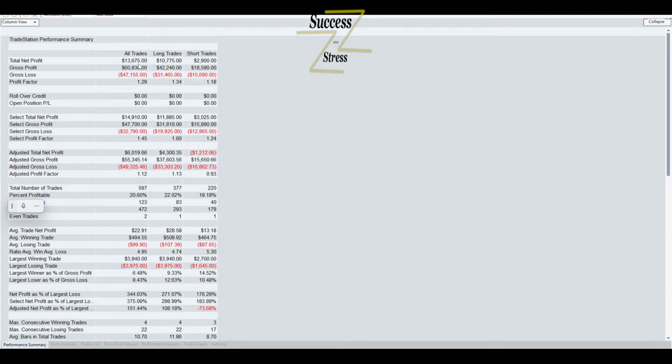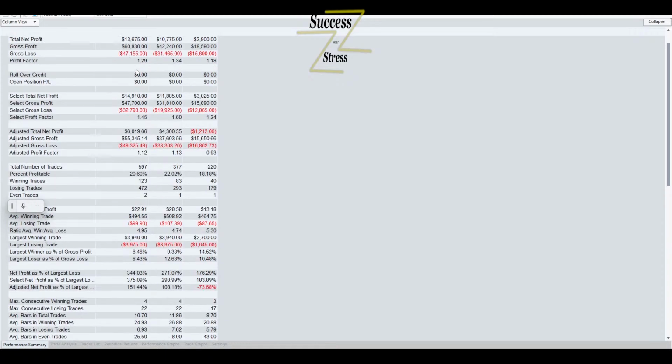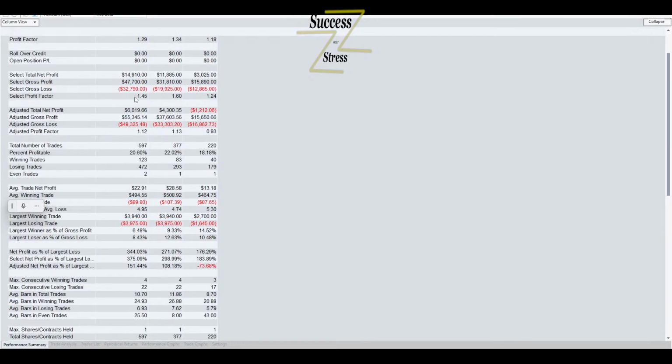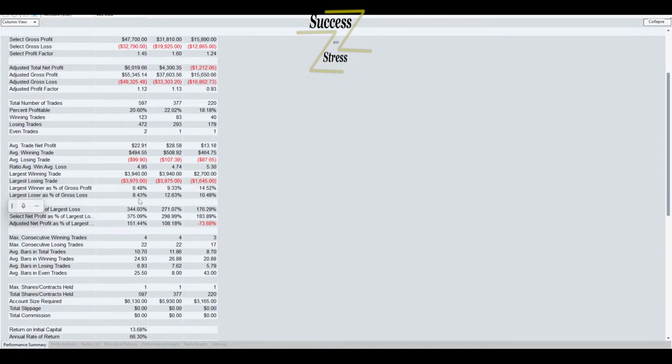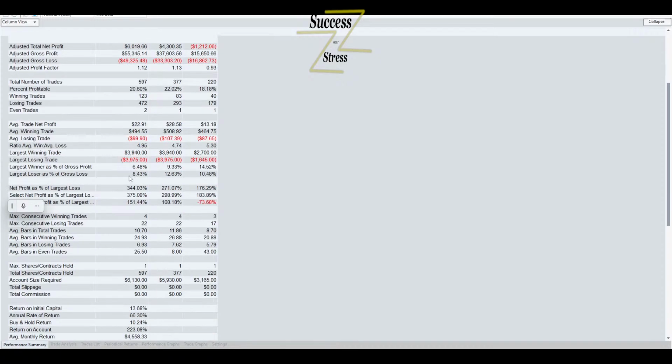It would have made 13 grand in the last month or a month and a half, and it's 20% profitable. I mean, that's not huge. Actually, that's not really great at all.